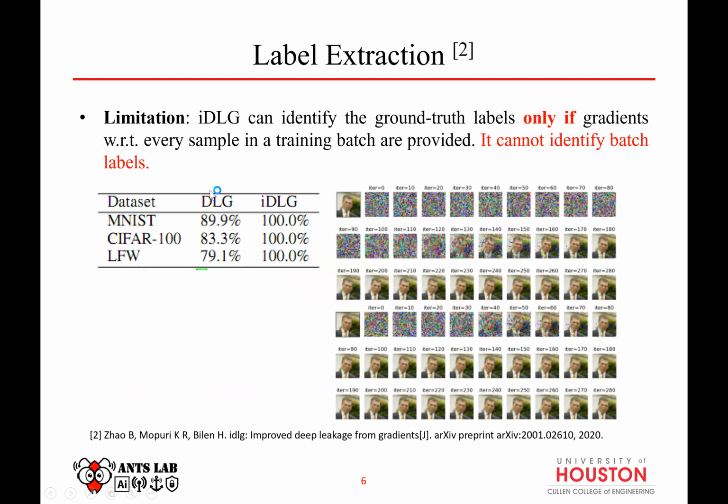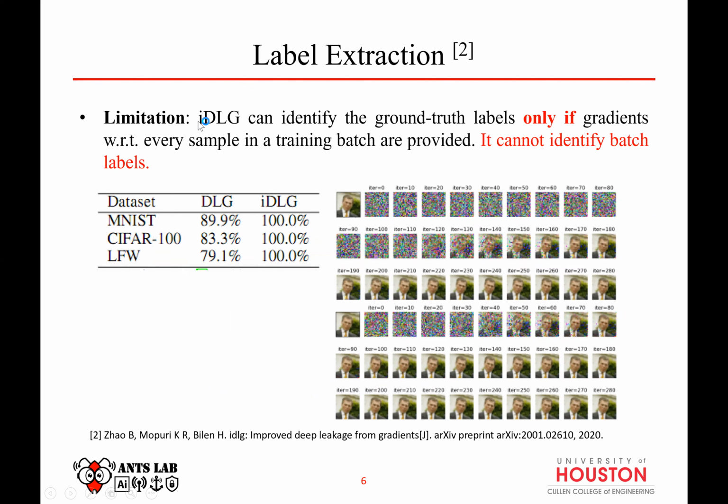This is the performance of this method. The DLG is the first method. We can see the generated label is not always right, but this method can extract the right label.